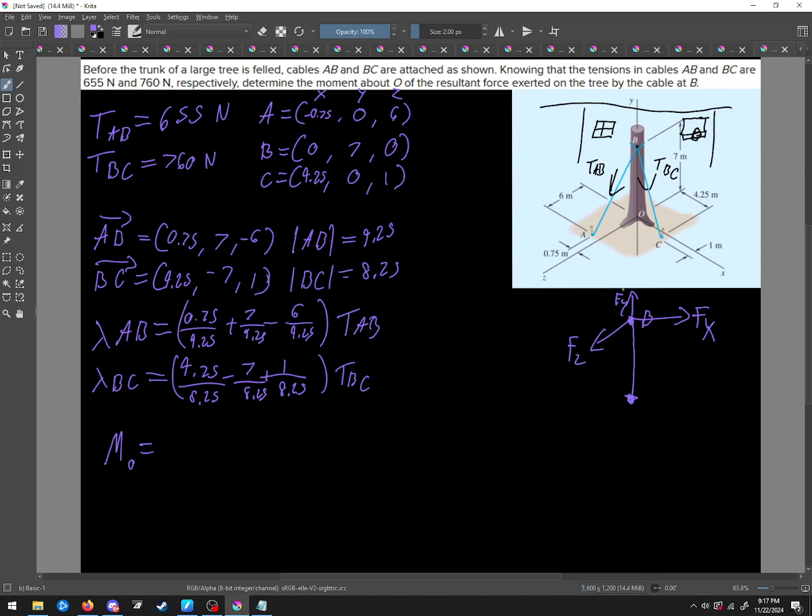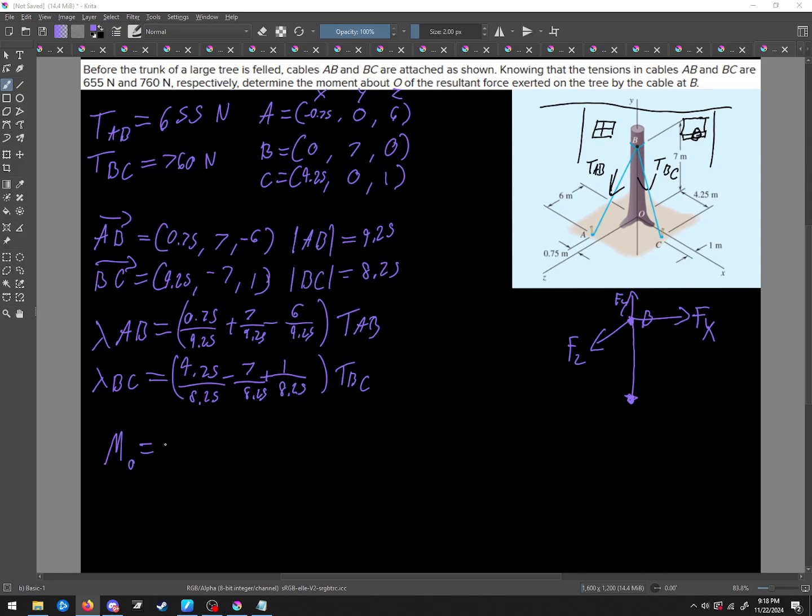I don't think this will have a Y component at all. I don't think it will. Let me check. No, it won't. Okay.